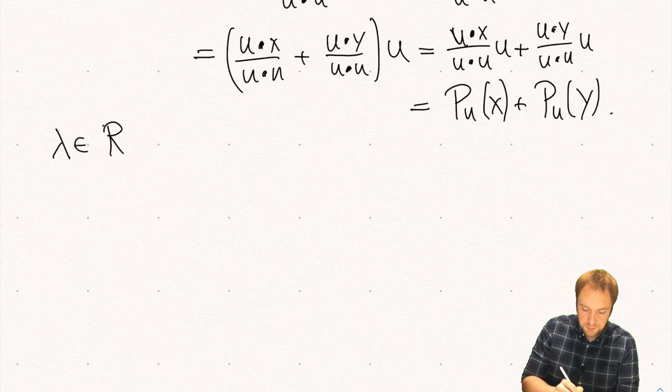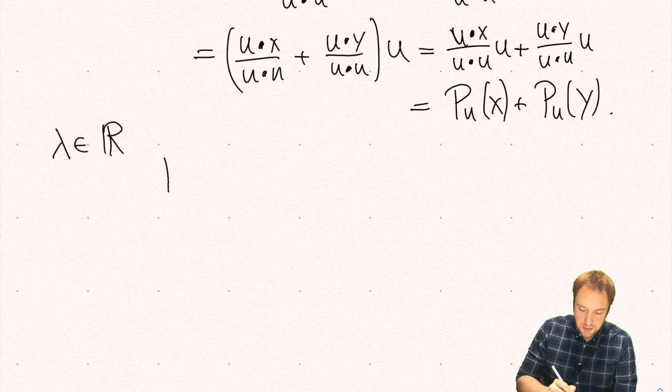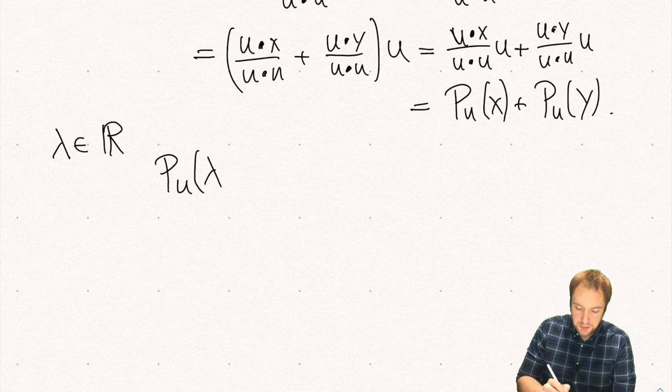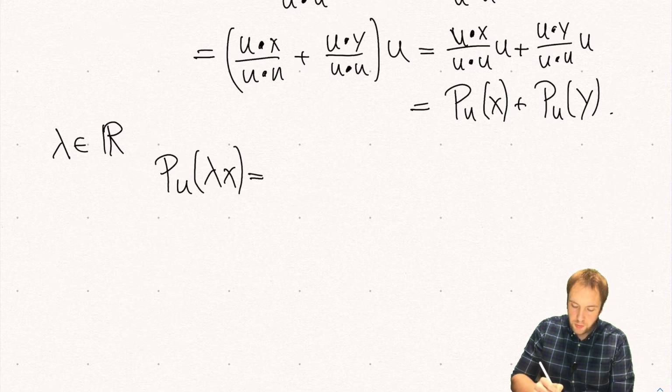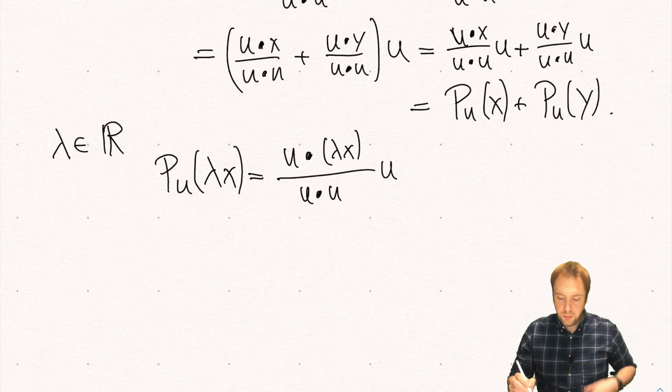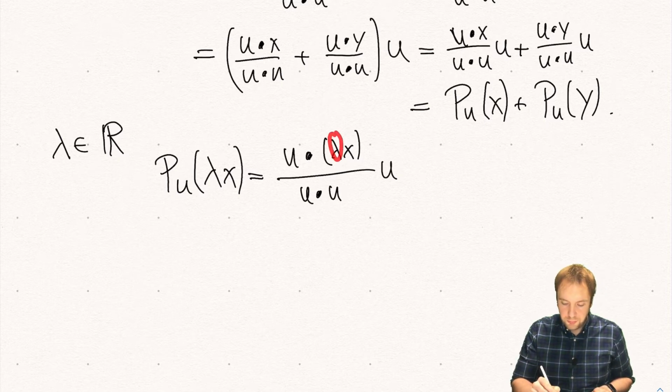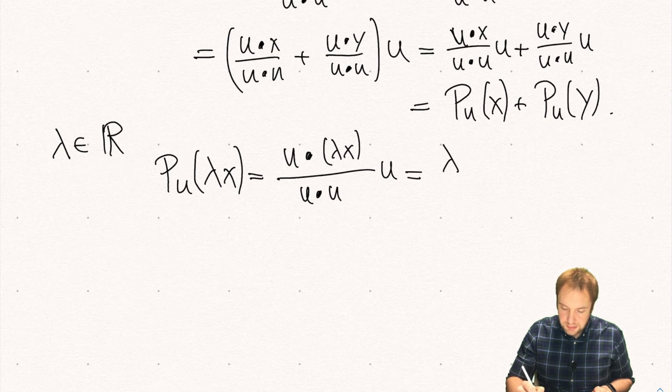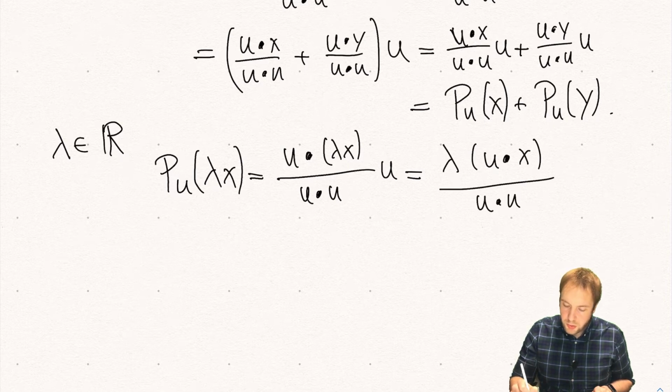So if I have some lambda, then what is pu of lambda x? Well, by definition it's u times lambda x divided by u times u, times u. And here again we can use a property that this lambda can go in front. So it's lambda times u x over u u, times u.